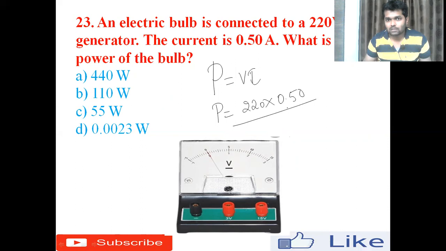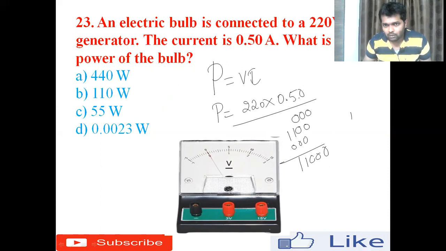So how to do the multiplication? 0 into 0, 0, 0 into 2, 0 here. Next 0 into 2, 0, correct. Next 5 2s are 10. I'll keep 1 here. 5 2s are 10, 1, 1. So 10 plus 1, 11, right? After the decimal point, 2 numbers are there, right?